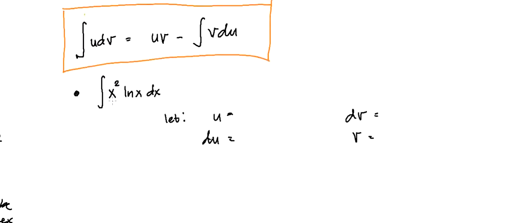That's why we can choose our dv as x squared dx, right? And if we take the integral of x squared dx, we come up with v, which is x cubed all over 3.